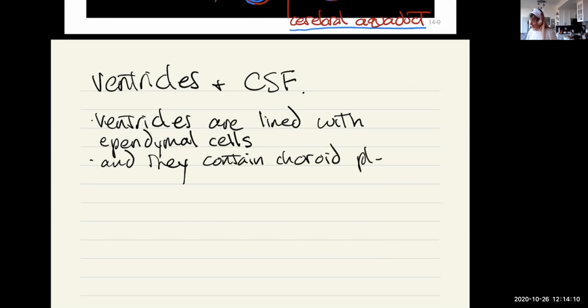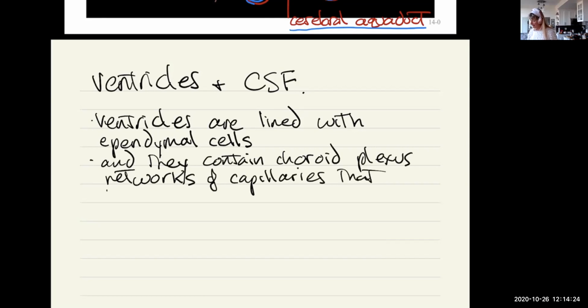Choroid plexus networks of capillaries that produce cerebrospinal fluid that further goes on to the ependymal cells, which adds some of the fluid.